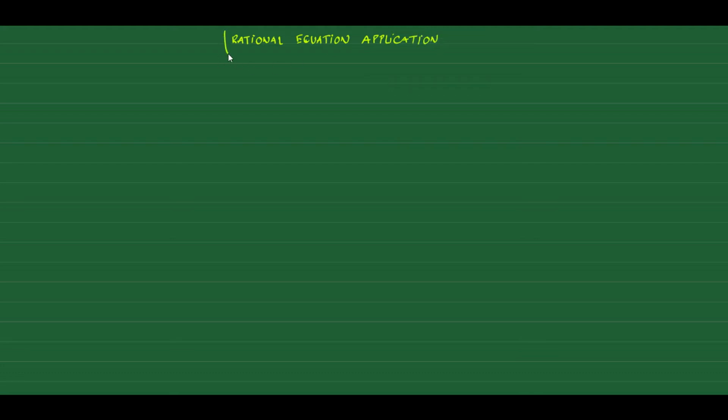Okay. So before we go straight into the word problem, I'll do a quick recall on rational equations in proportional form. So we know that a proportion is nothing but an equality between two fractions, right?